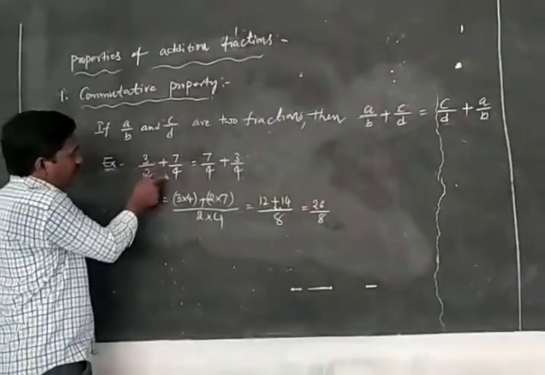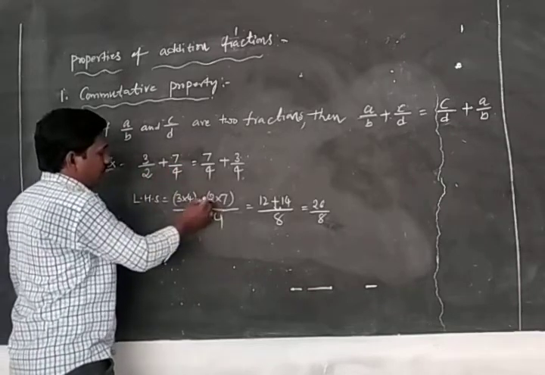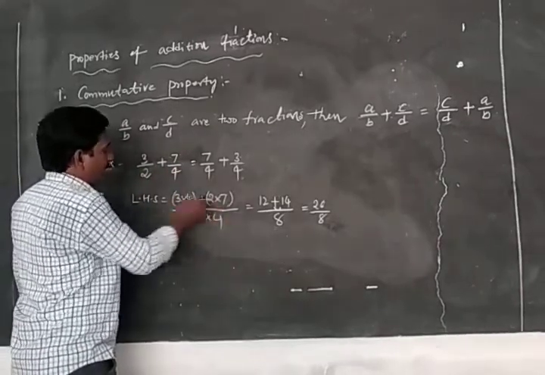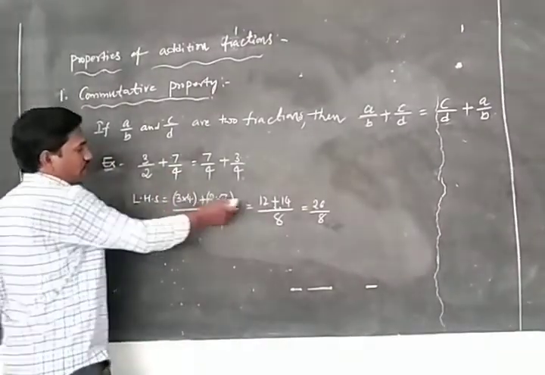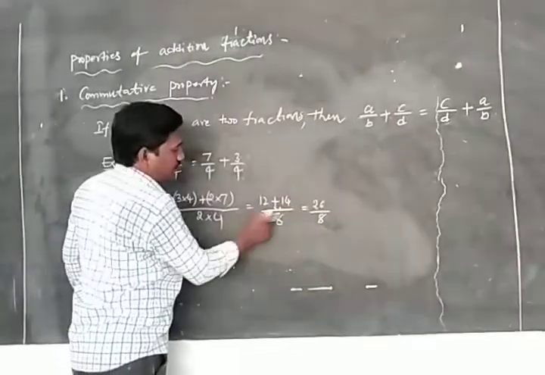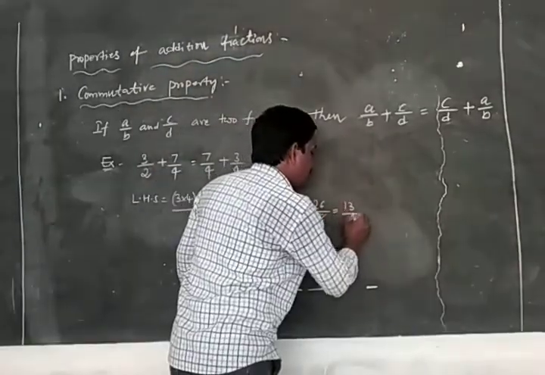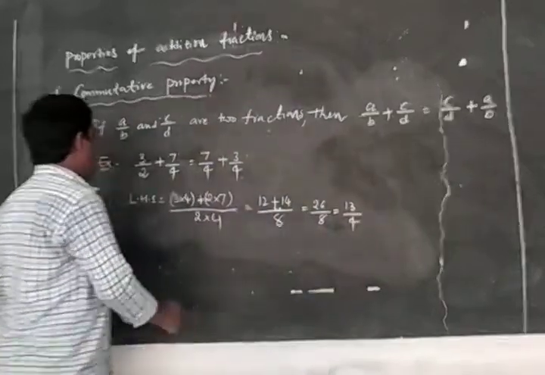Simple method: cross, 3 into 4 plus 2 into 7 by 2 into 4. 3 4s are 12, 2 7s are 14. 12 plus 14, 26 by 8. Simplify, we get 13 by 4. Now RHS.